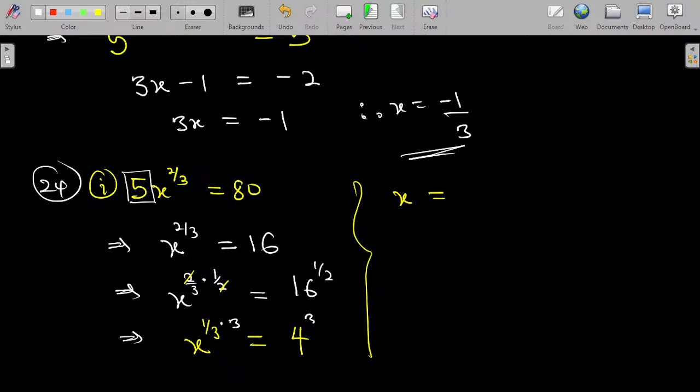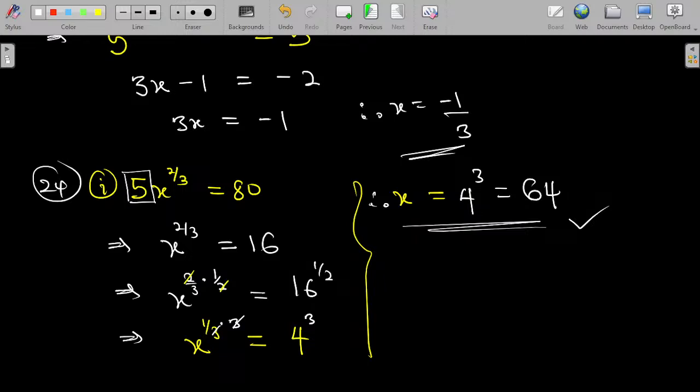So I will also raise 4 to the power of 3. And so this 3 will cancel this 3, and my x will stand alone. So therefore, my x is 4 to the power of 3, which is the same thing as 64. 4 to the power 2 is 16. So if you multiply it again by 4, you will get 64. Right. And that is the solution for number 24.